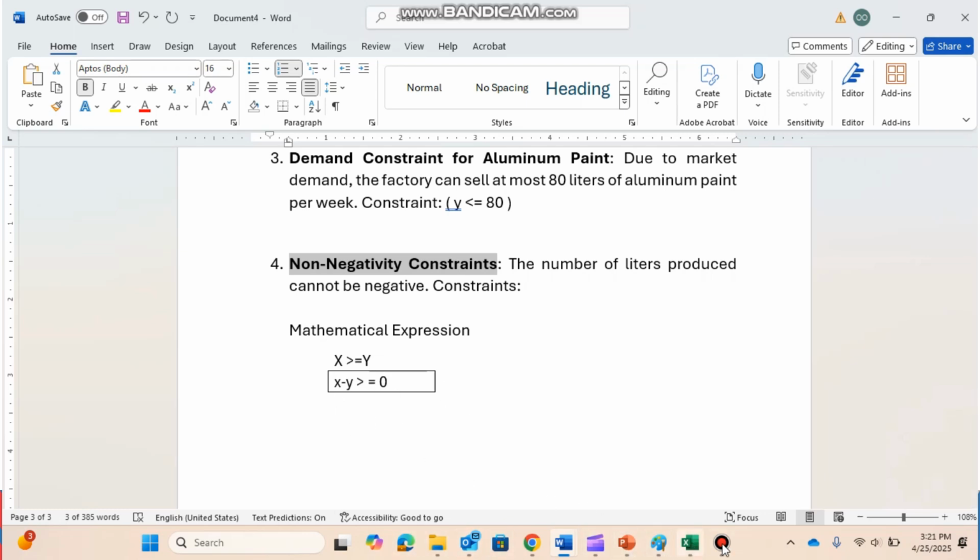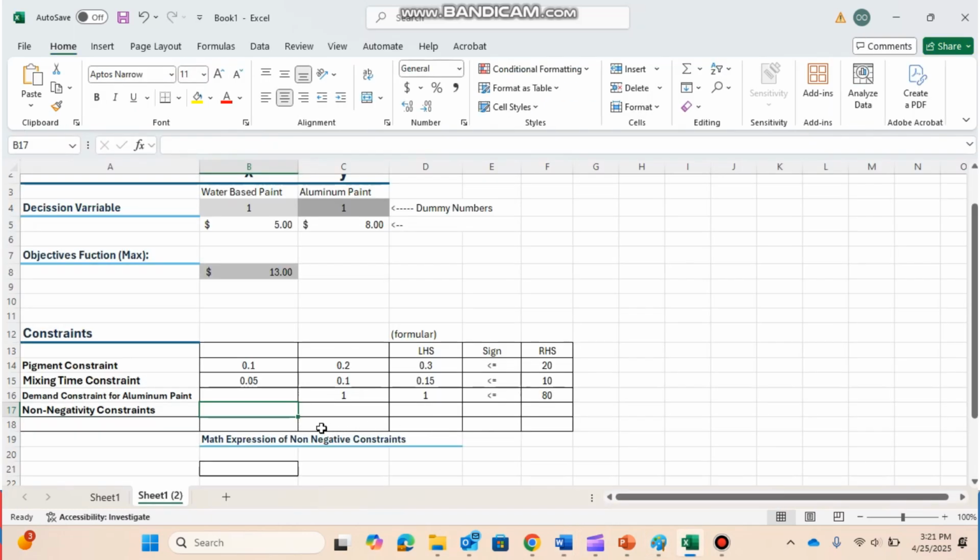Minus is also a coefficient, representing a value. So the x coefficient here is 1, the y coefficient here is minus 1, and it equals 0. Okay, so we put that in our equation. Here is 1, here is minus 1, and we just drag the formula down. And this is going to be greater than or equal to 0.